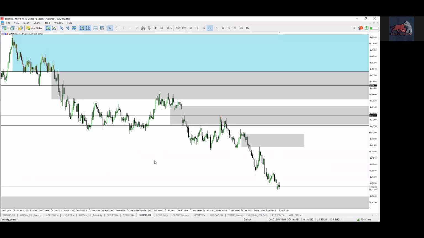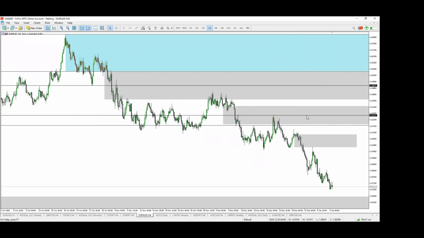So we need to see clear gold bearish moves. Then we're gonna know that the Australian dollar is also gonna be weak, thereby signifying our euro long entries. But as it is, there's clear evidence that we still have more momentum to the downside on Euro AUD.